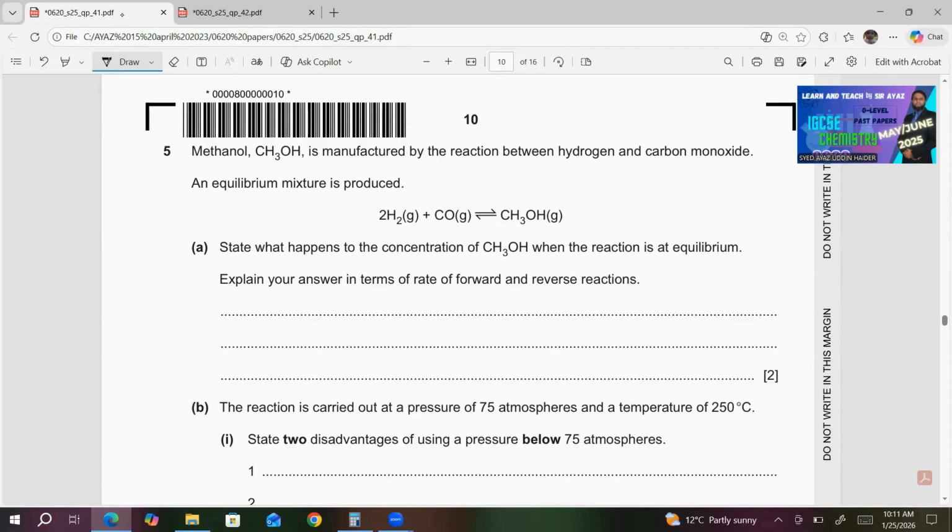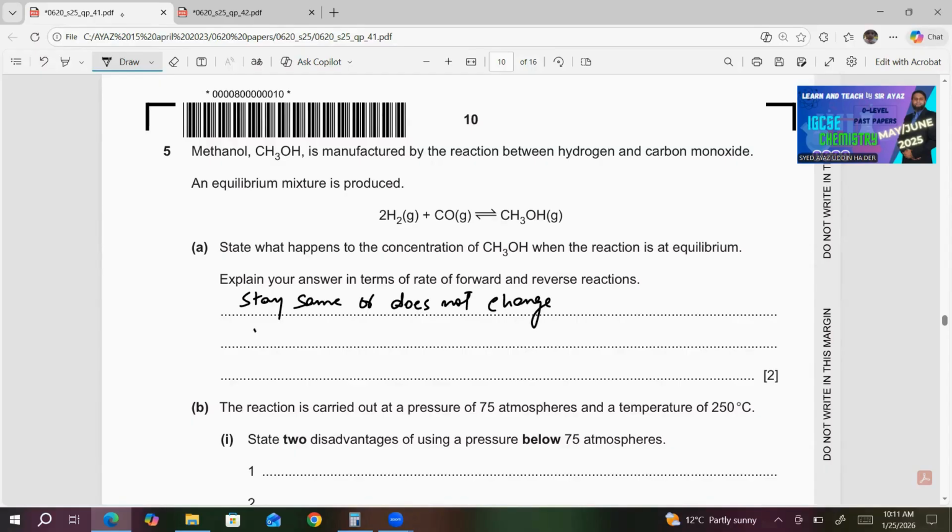Now at equilibrium, the rates of forward and reverse reactions become equal. So you will say the concentration does not change. The rate does not change or stay the same. They are asking about the concentration, so write stays the same or does not change.